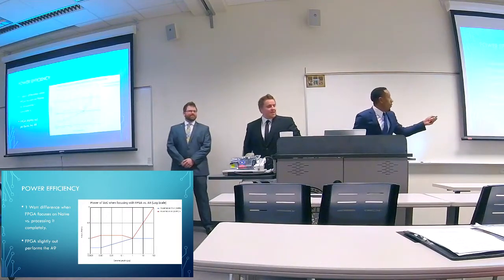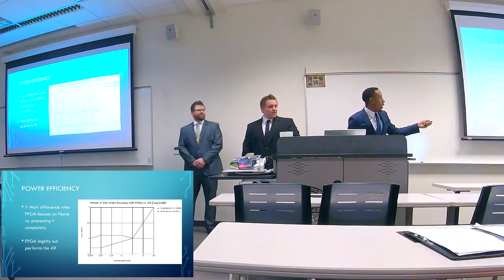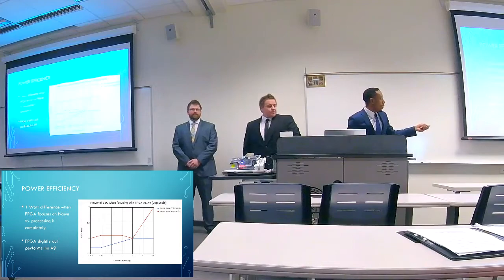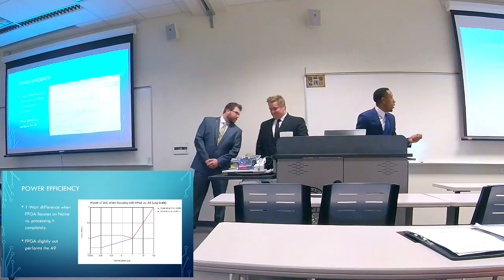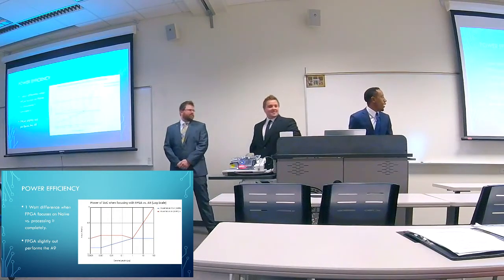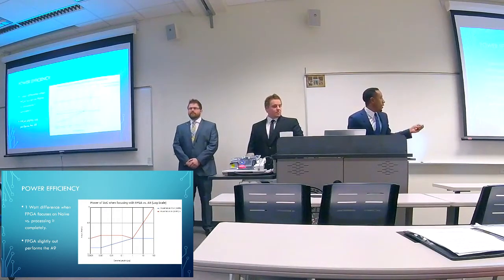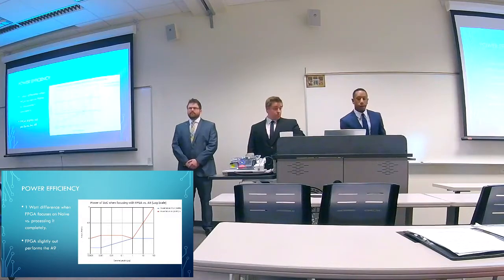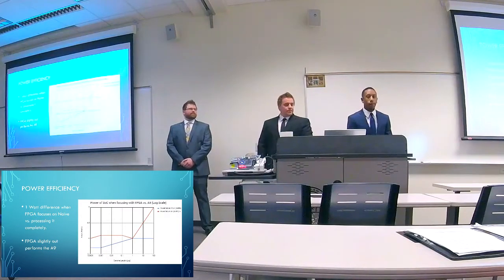All right. From these graphs, you see that we compared the FPGA and the A9 chip, and right here we saw about a 1 watt difference in focusing on the naive. And you see that the FPGA slightly outperforms the A9.